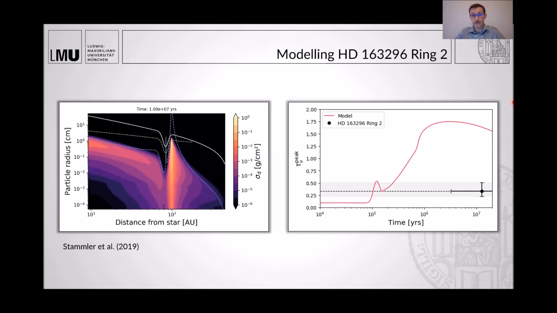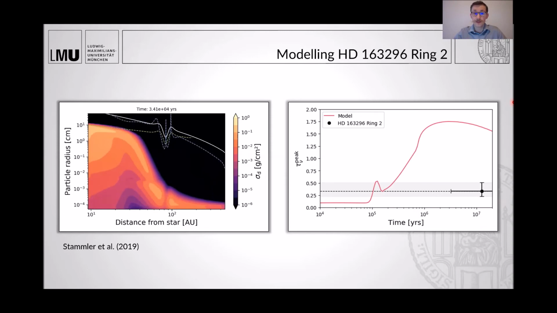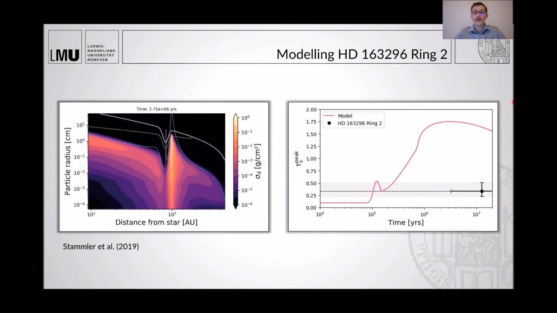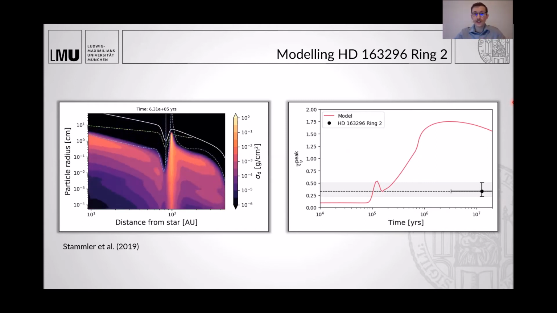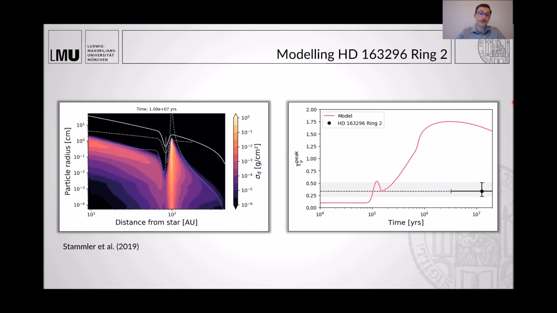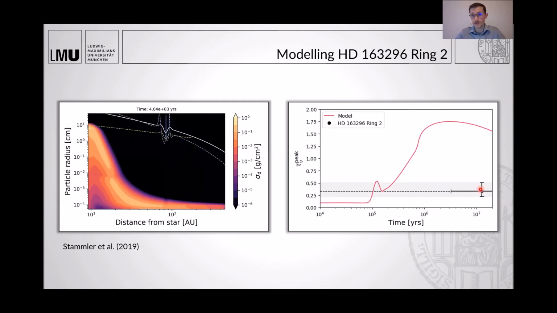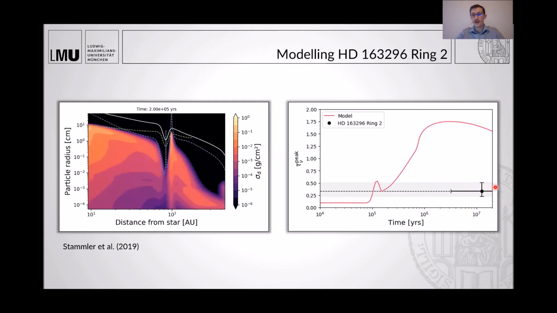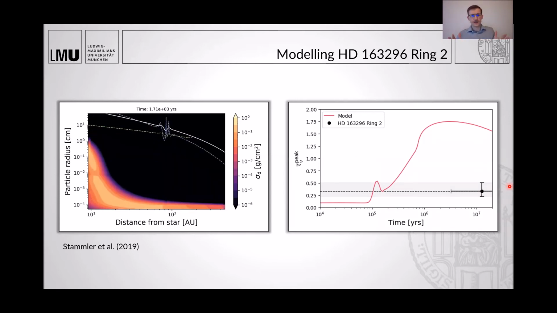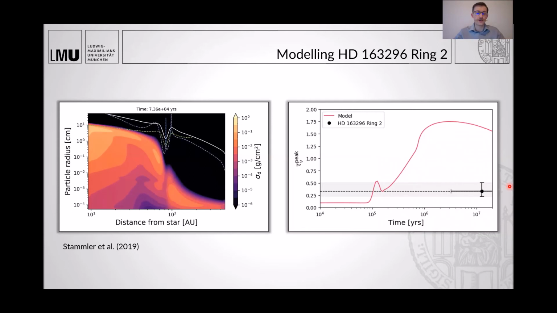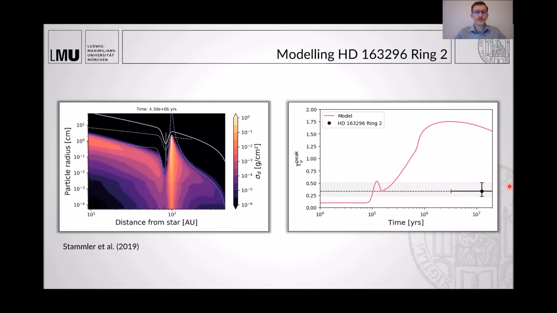So we have an optical depth that is way larger than the observed 0.3 value, and it's even larger than 1. So we are about a factor 7 or 8 larger than the observed value. The observed value is here. That basically means it's too optically thick. We have too much dust in this pressure trap. So that means we need to remove dust.